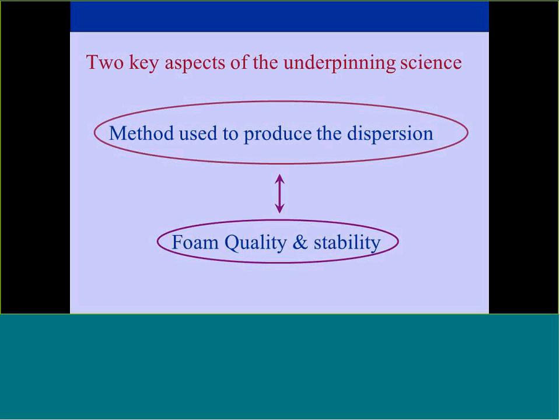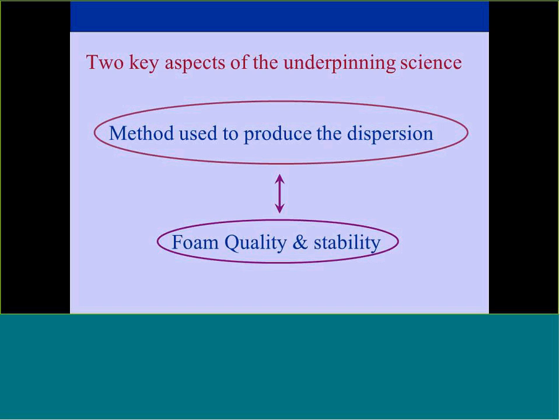From our point of view, this will not be our approach, because the foam itself is a product. And therefore, what we should do is not examine a foam on its own. The foam that you form depends on the way you have produced it.